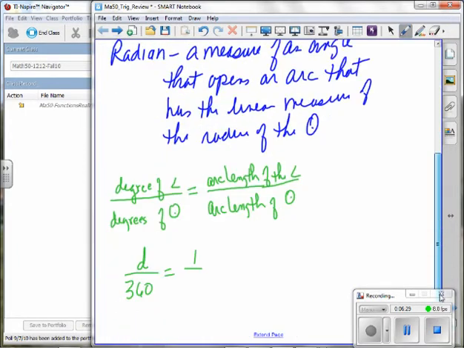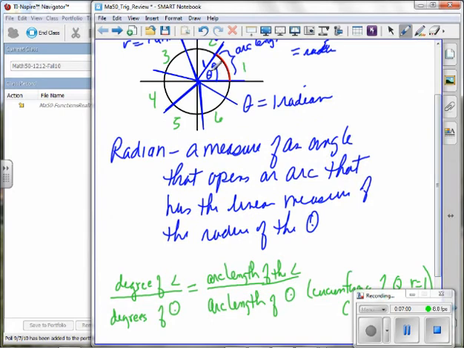Yes, circumference. So this is nothing more than the circumference of a circle, where the radius is equal to 1. So, circumference of a circle is 2 pi r. If the radius is 1, 2 pi. Now, what am I looking for? The approximate degree measure of angle theta. Okay?